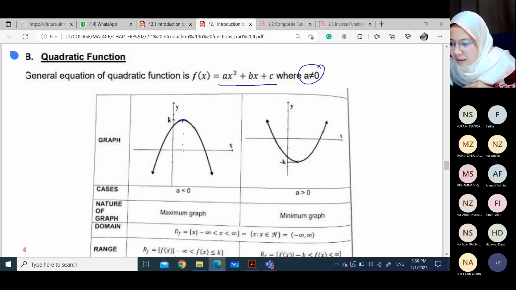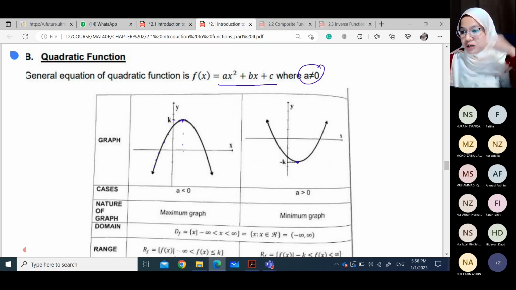Ini kita panggil sebagai vertex sebenarnya. So dia adalah minimum point, point yang paling minimum. Yang ini dibentuk berdasarkan point-point macam kita lukis tadi. Kita dapat straight line berdasarkan point-point yang kita dapat tadi. Sama juga dengan ini. So ini kita panggil sebagai minimum graph.